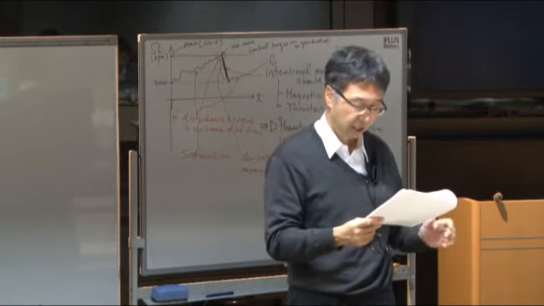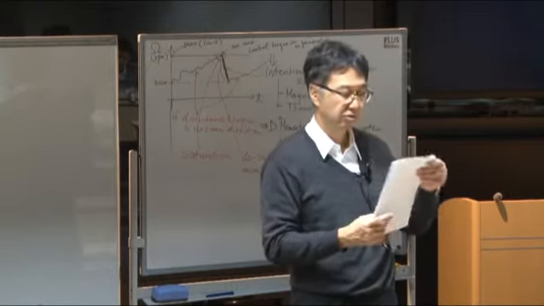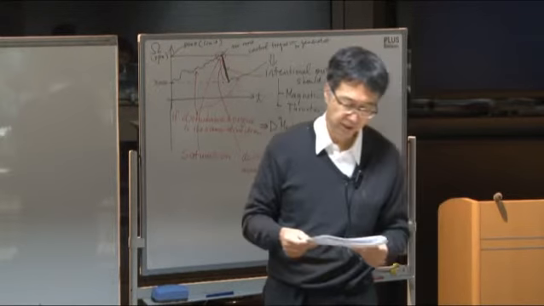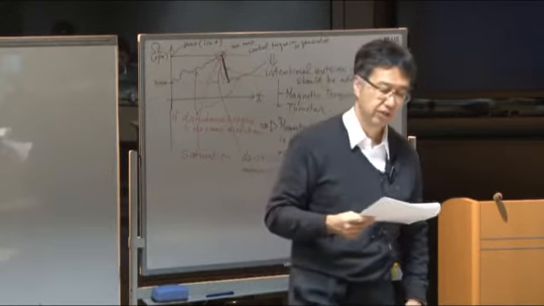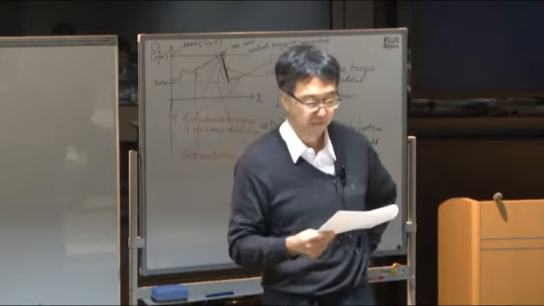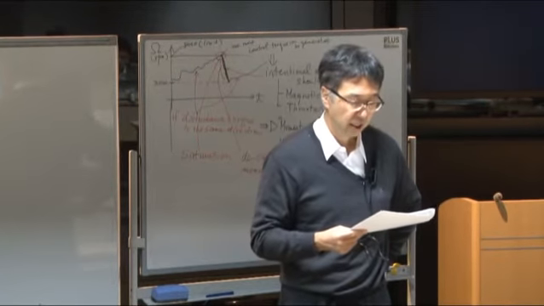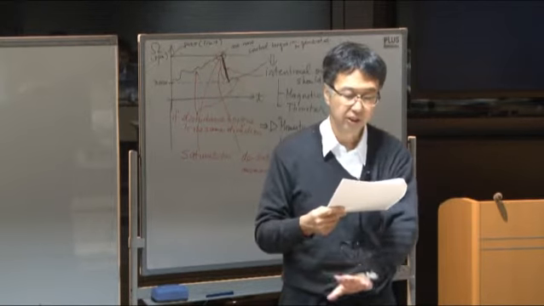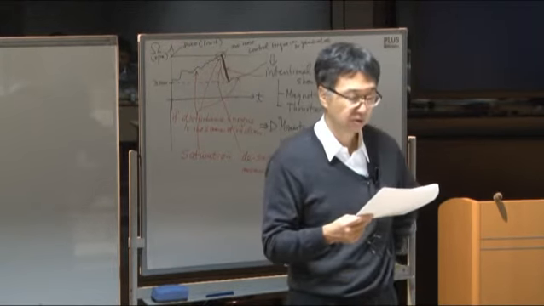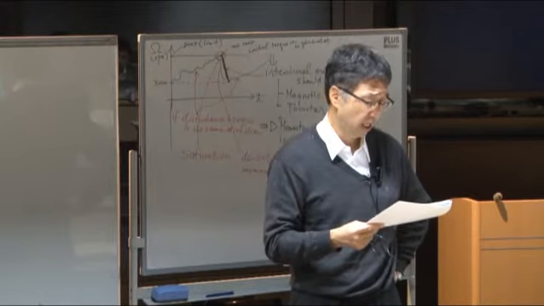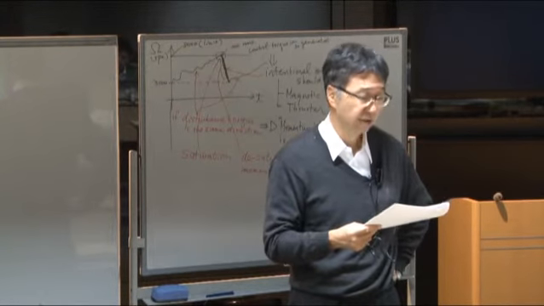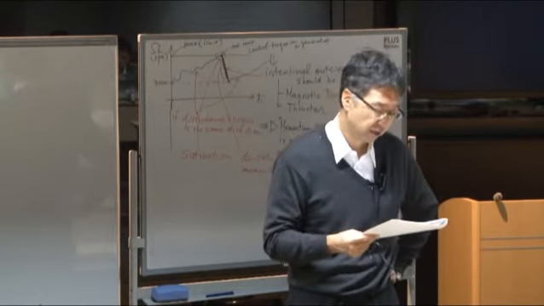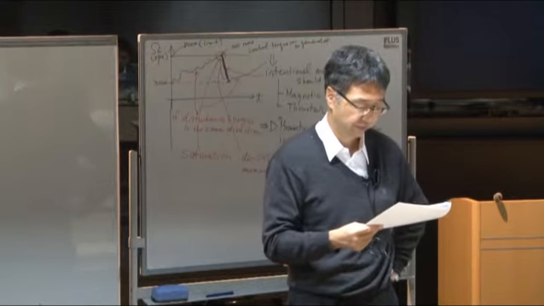Okay, let's go to the next page, page 6. This is an example of the sun sensor. If the direction of the sun changes, then the photon detector on the bottom will be on and off, and then you can get the direction of the sun.